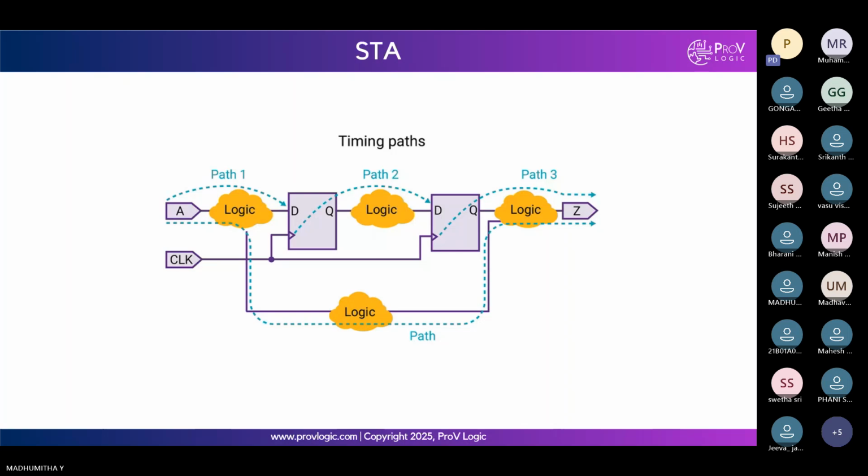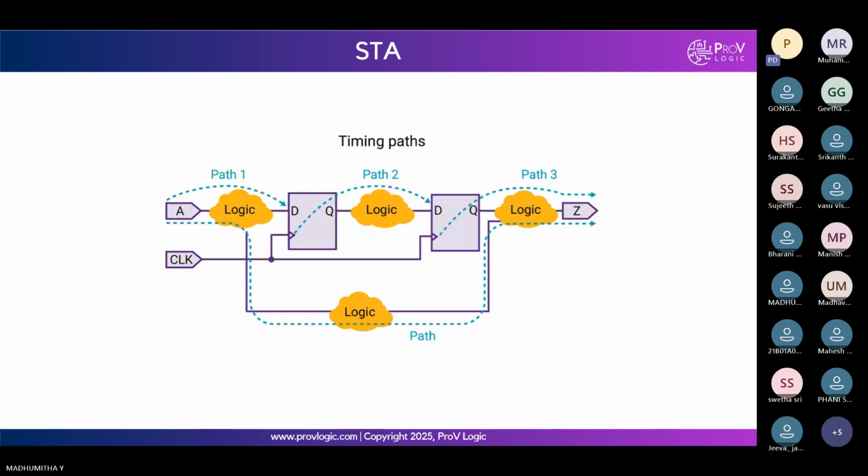This is just one representation of each path. And path 4, you can see in the below part, goes straight from the input port A to the output port Z.